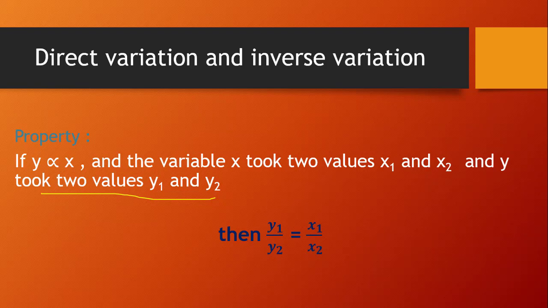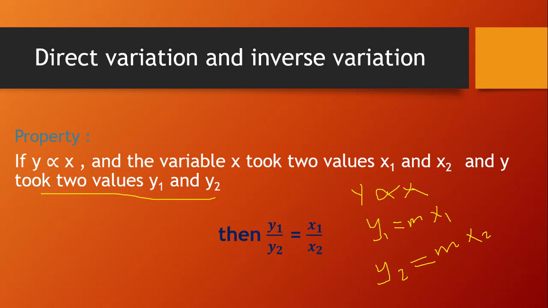We said that y directly varies as x, and that means y equals constant times x. So y1 equals constant times x1 and y2 equals constant times x2.